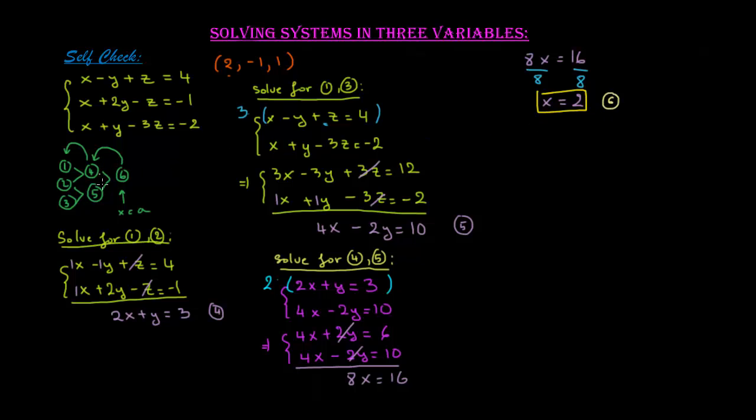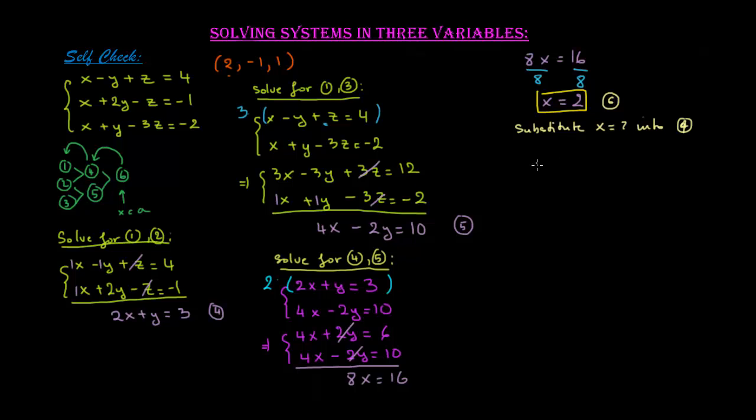Back substitution into either 4 or 5. It looks like 4 is the simpler equation to plug into and calculate for y. So I'm going to substitute x equal to 2 into the fourth equation.